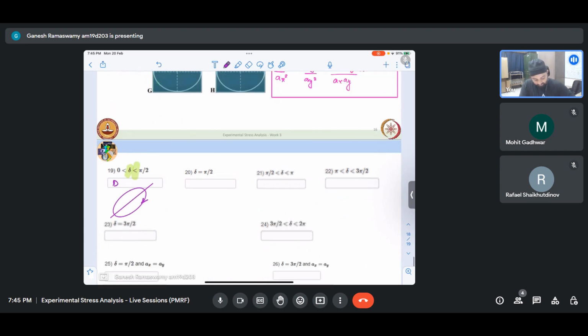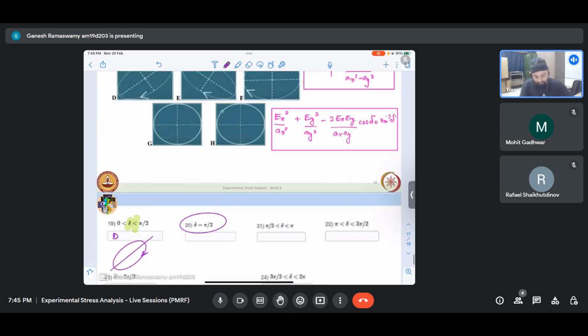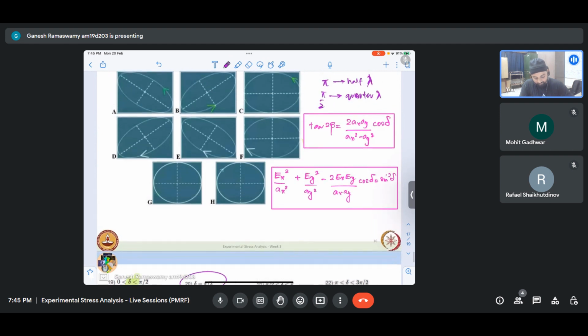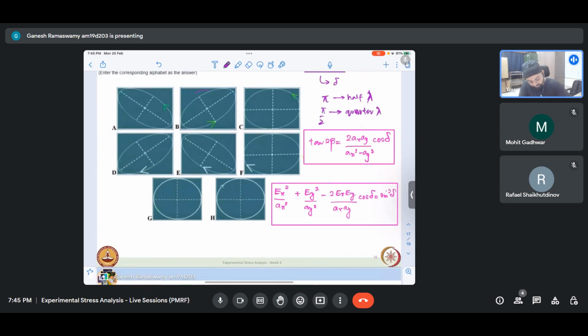Now coming to a quarter wave, when we introduce delta equal to pi by 2, what happens is that this thing just degenerates to this one. No azimuth. Essentially, our axis is what will be this thing.